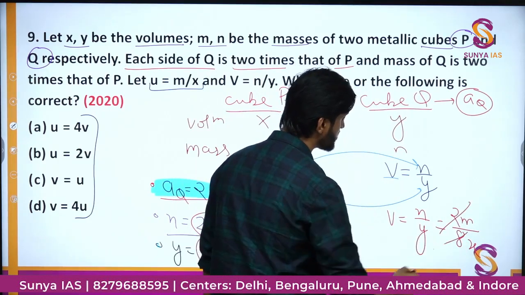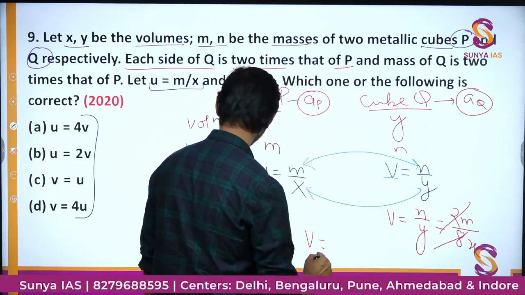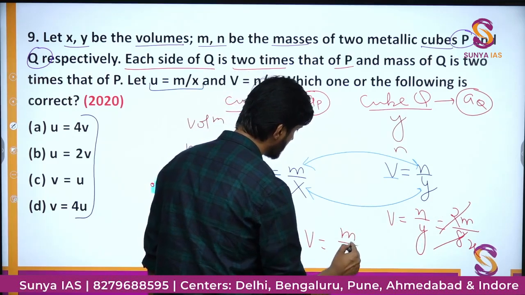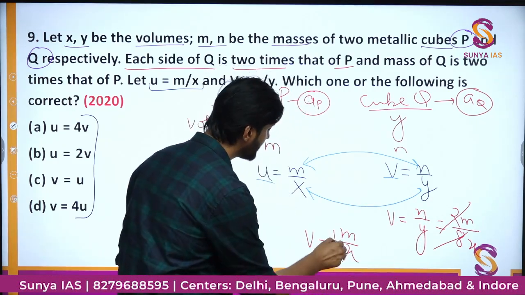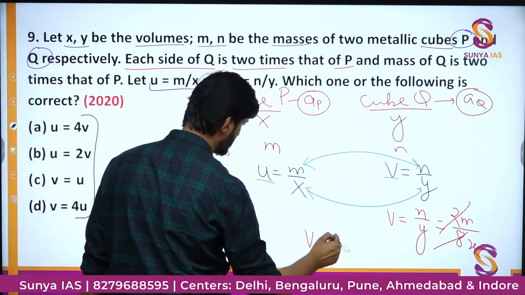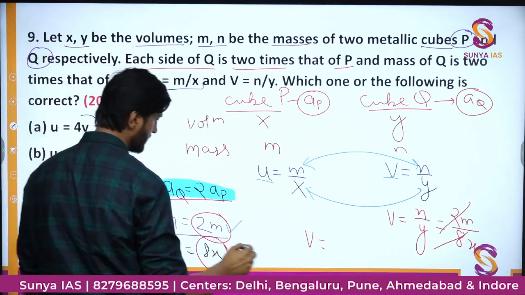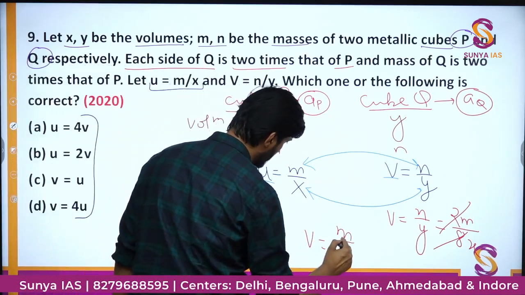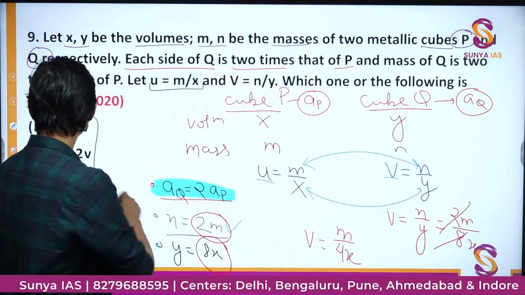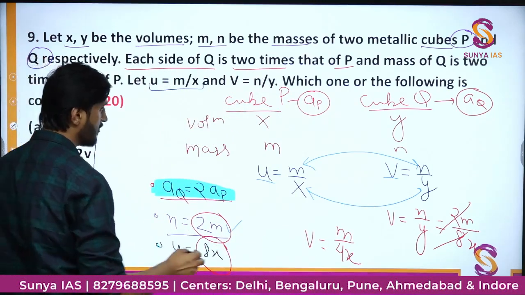After all cancellation, you can see V is equal to M by X divided by 4. So you have 1 by 4 times M by X. Let me write it in just simpler terms. We will have M upon 4X as equal to V. Now from here you can see what is M by X?